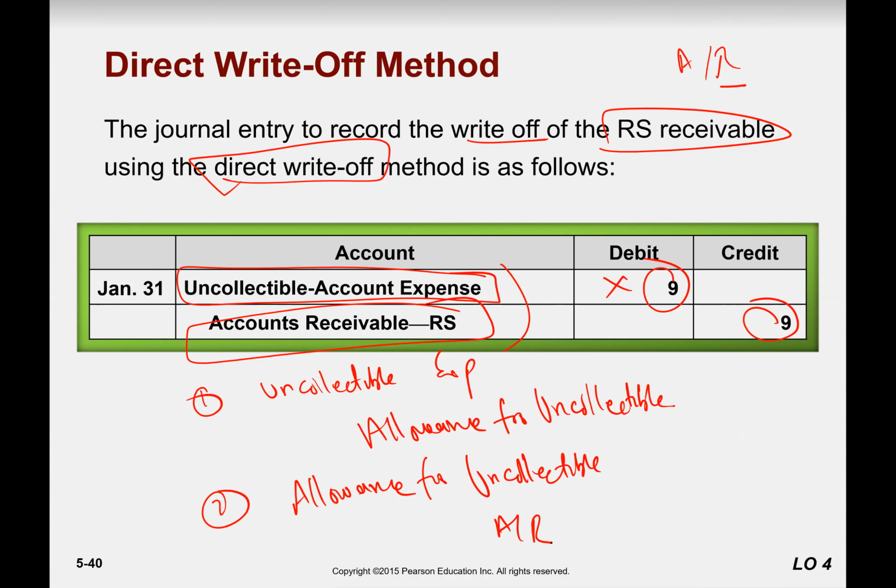So if you see, the entry is the same. This is the debit, this is the credit. So debit, credit, cancel. You see uncollectible expense to accounts receivable. It's the same entry, just we added a flavor of allowance, that's it. Just giving you a hint.